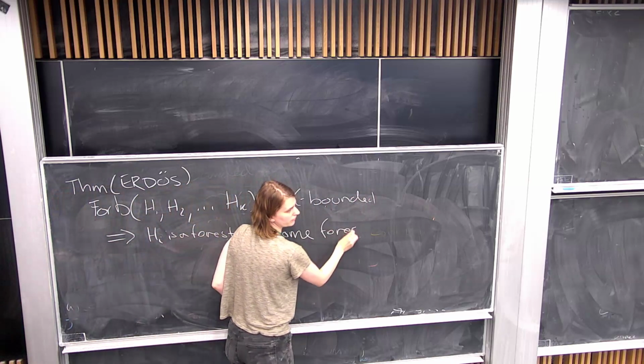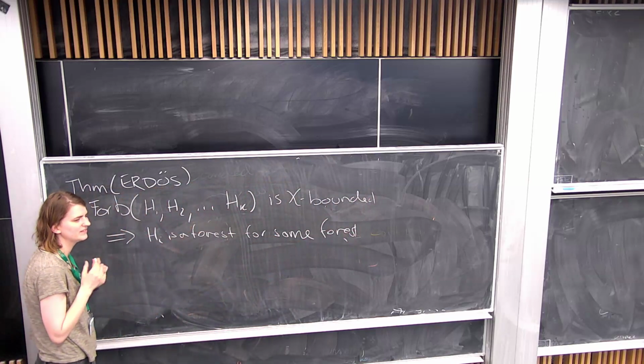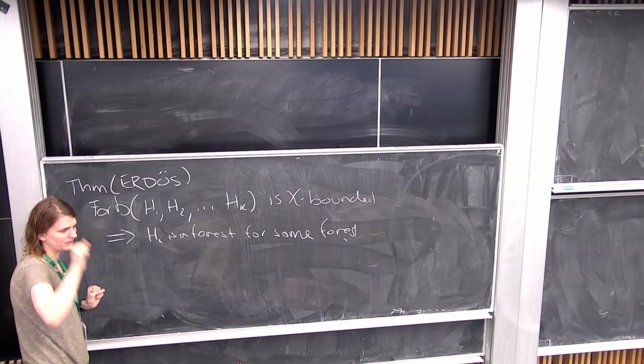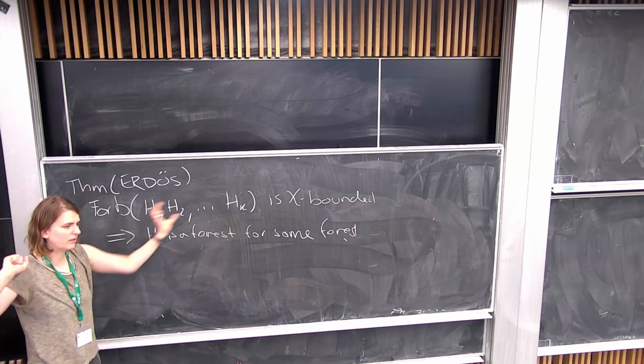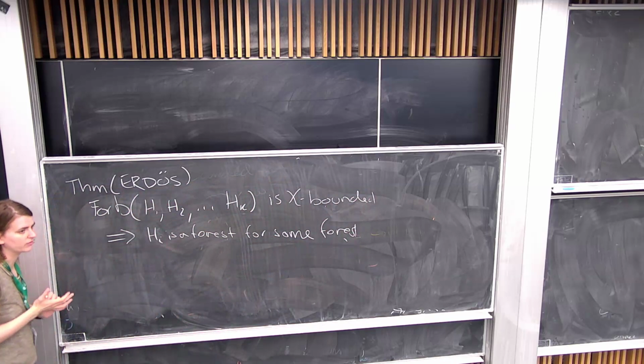Because if they all had cycles, then since this is a finite number of things, you can choose some girth that's a bit bigger than any cycle contained in these, and then apply this Erdős random graph construction to get a counterexample.